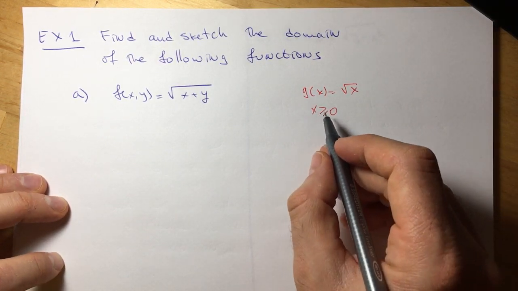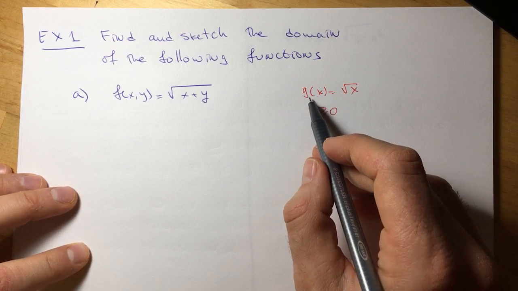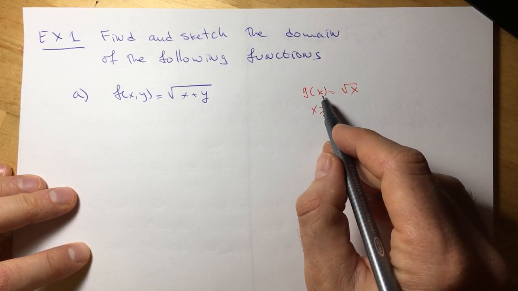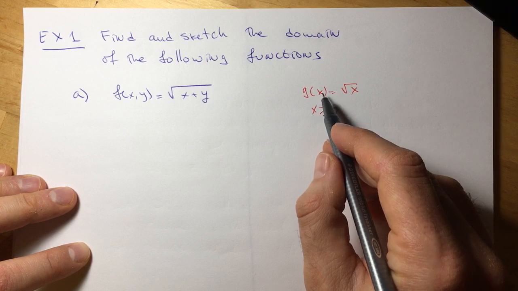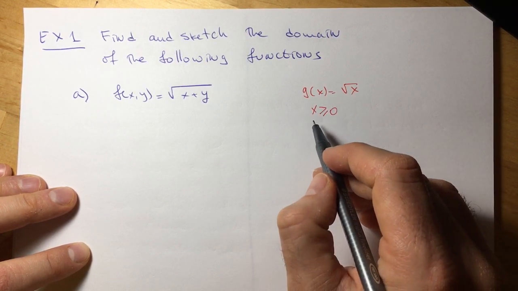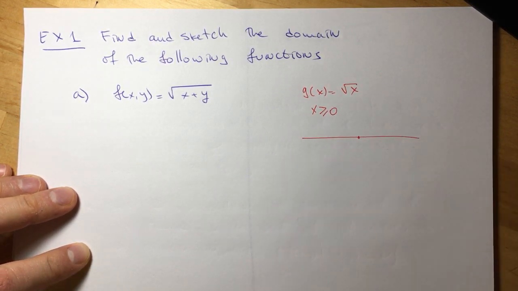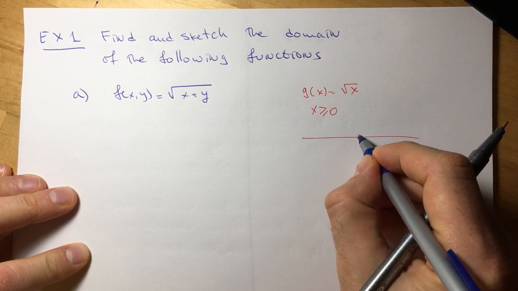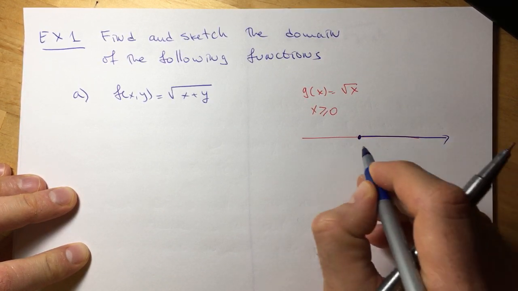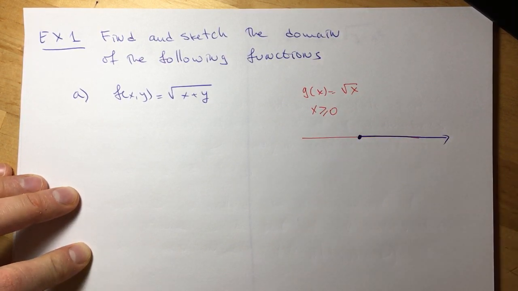In other words, what values of x, only one variable, can g take? On the real line the domain consists of all the values from 0 going towards infinity. Because of the equality sign, 0 is included in the domain also.